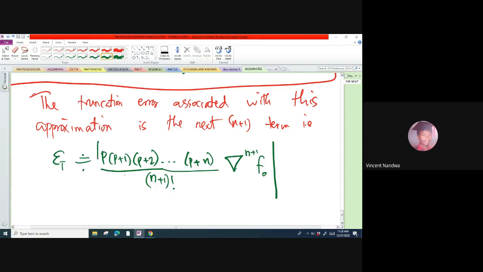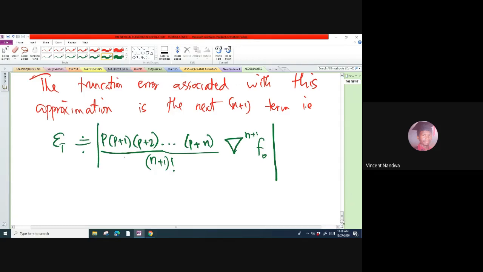So these are the values of the truncation error.